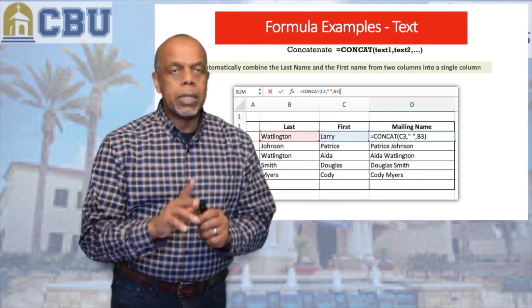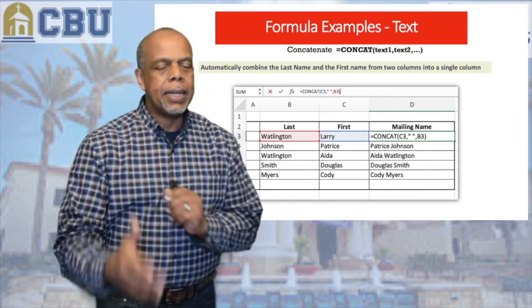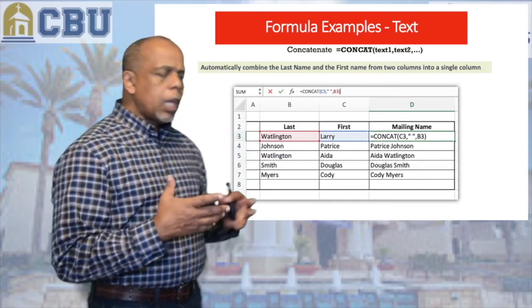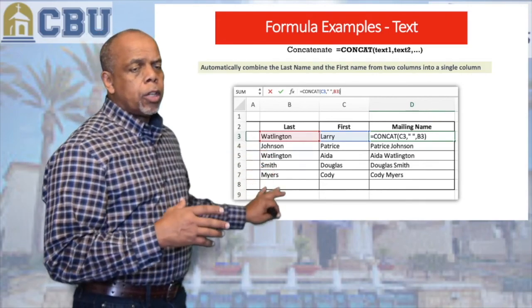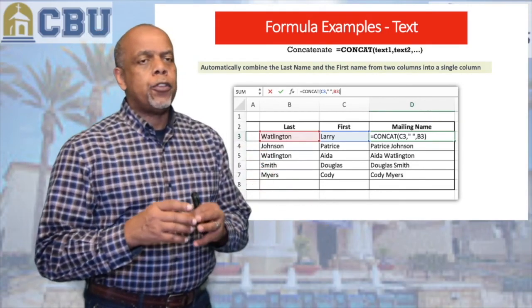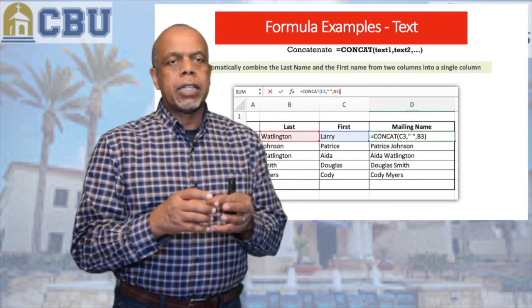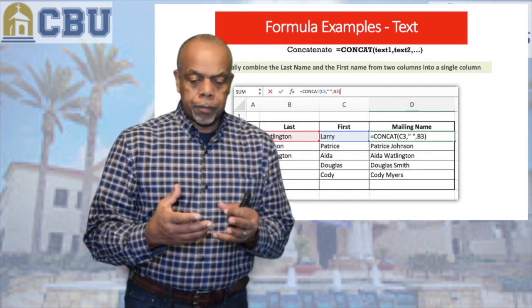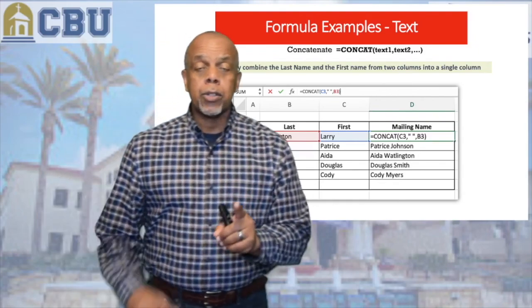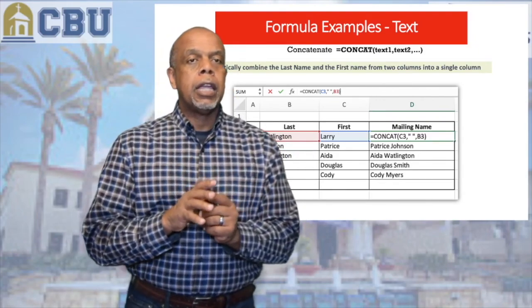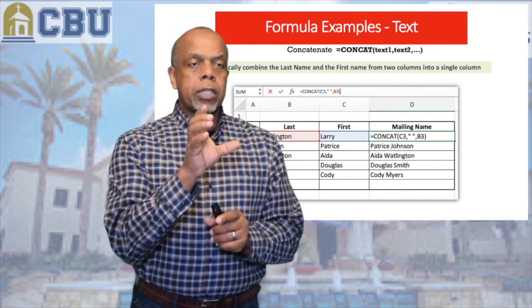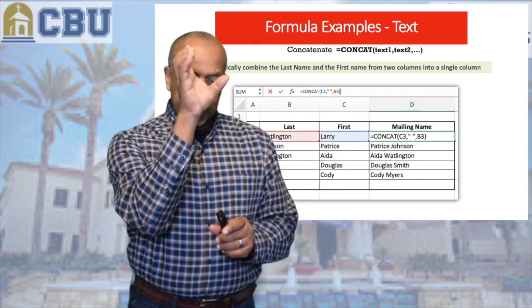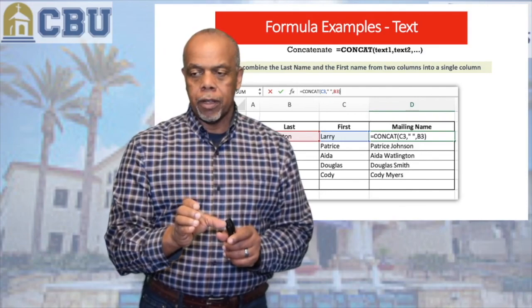And this is just one of many, many text formulas that you can use to manipulate text. Let's say you want to add a series of zeros on the front of numbers. Or better yet, here's one. How many times have you had something and you wanted to sort by the numbers in the middle of a series of numbers?